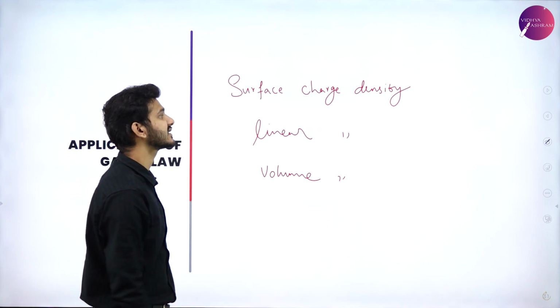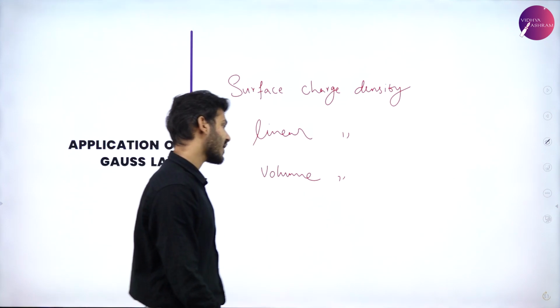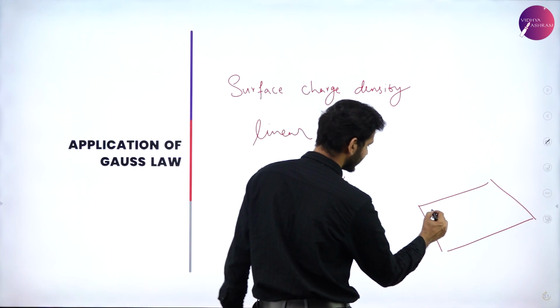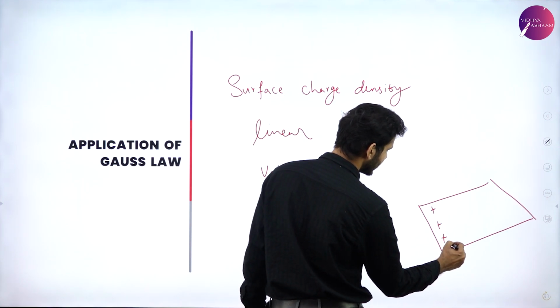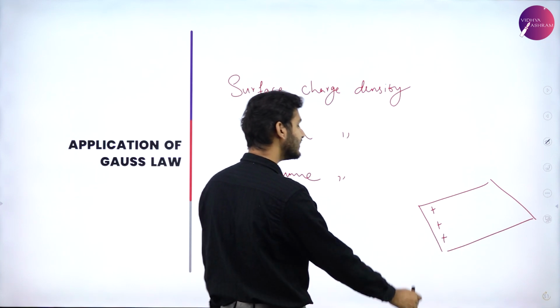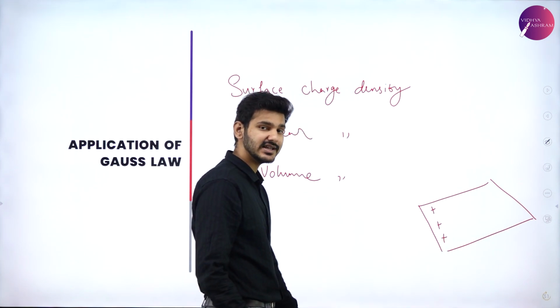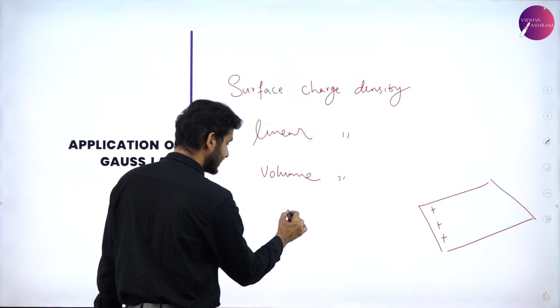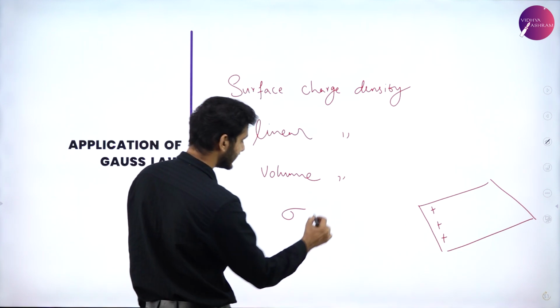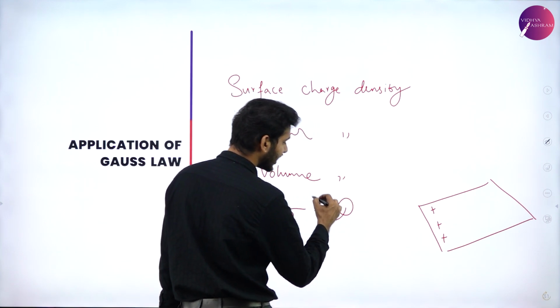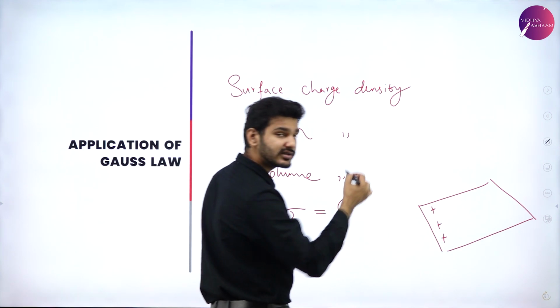So what exactly is surface charge density? Imagine that you have a sheet which is charged evenly throughout. Then we can say that the charge density of this particular sheet, denoted by sigma, is equal to the amount of charge distributed throughout this sheet.